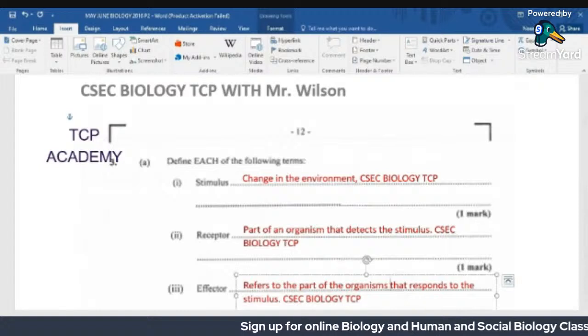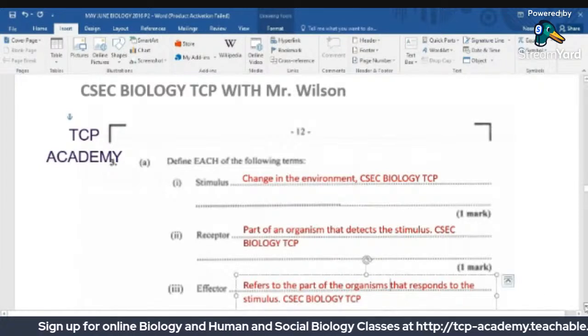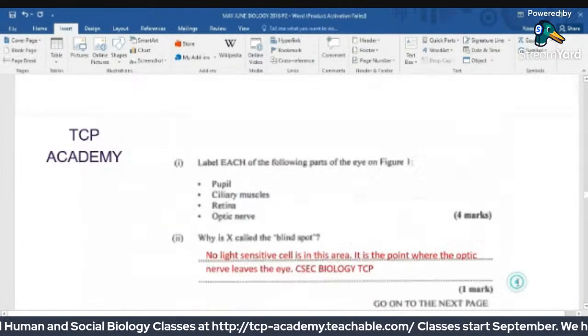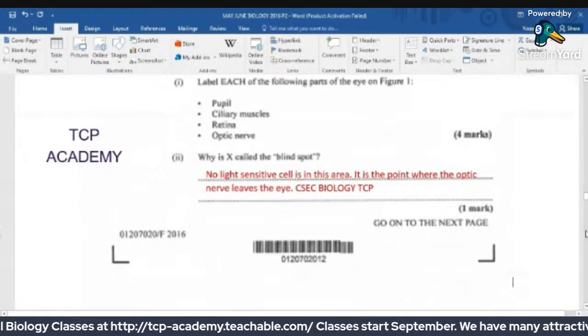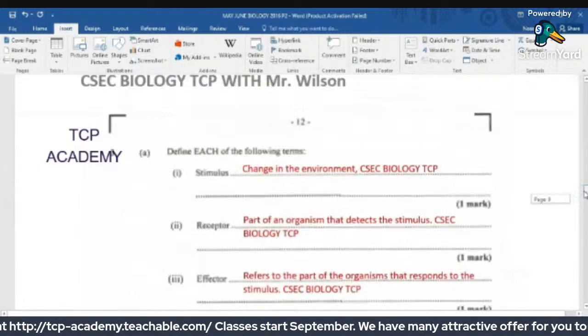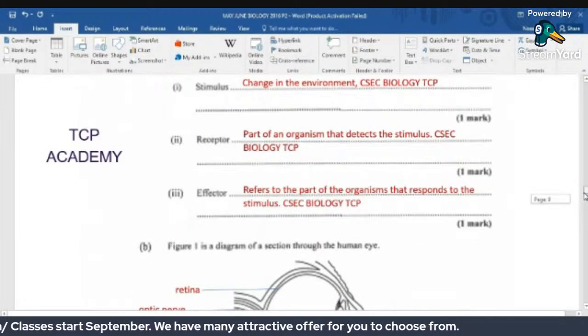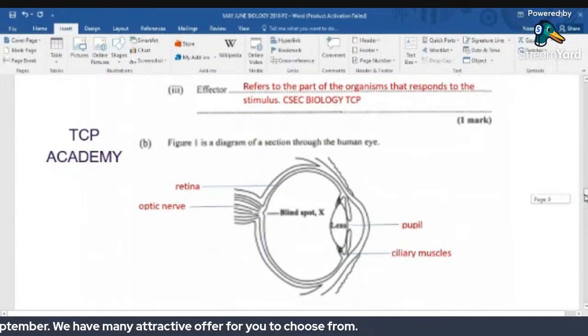Part of the organism that responds to the stimulus, not environment. Here, one might say environment depending on what you're doing, but here we're looking at the individual. So it refers to the part of the individual that responds to what is happening in the environment.